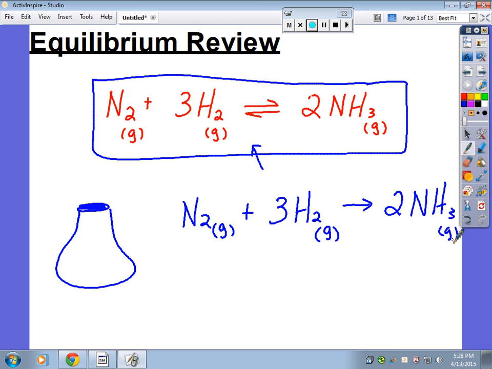So if I put these two ingredients in here, N2 and H2, this is the reaction it would follow. All right? Now, since this container is closed, I could also put ammonia in here, just NH3.